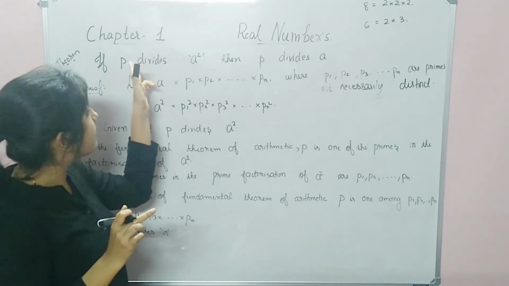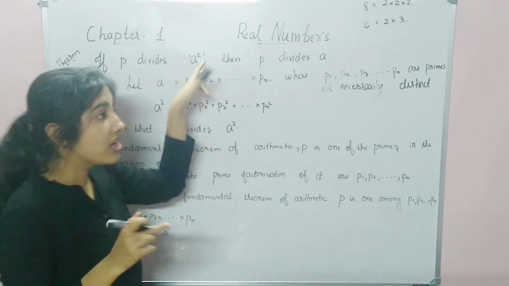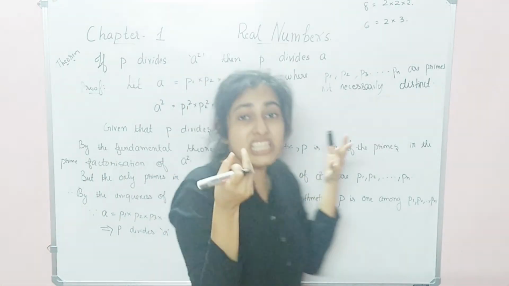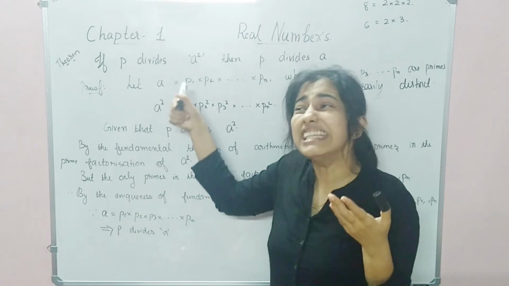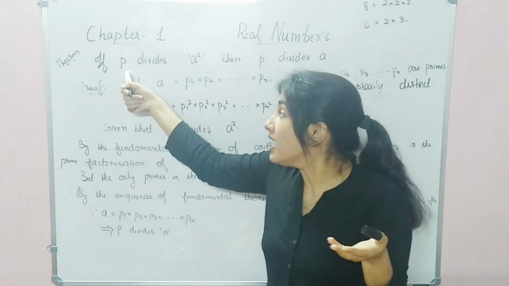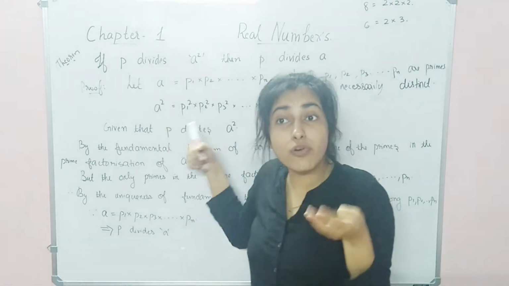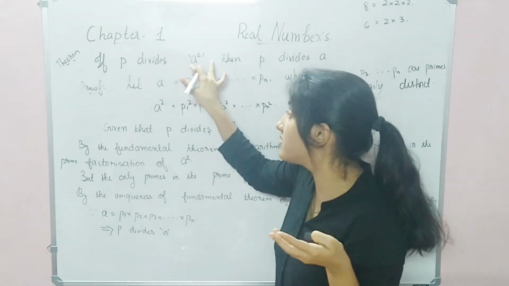Given in the statement P divides A square. If a prime number divides a positive integer or a square of a positive integer, then it means that P is a prime factor involved in the prime factorization of this number.